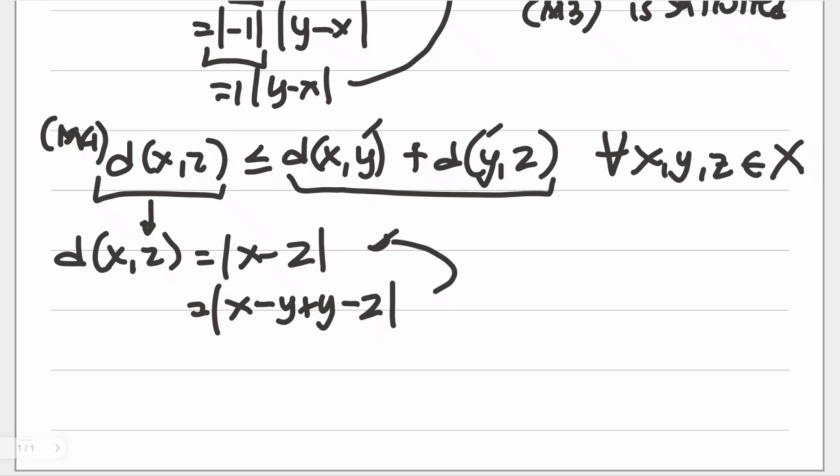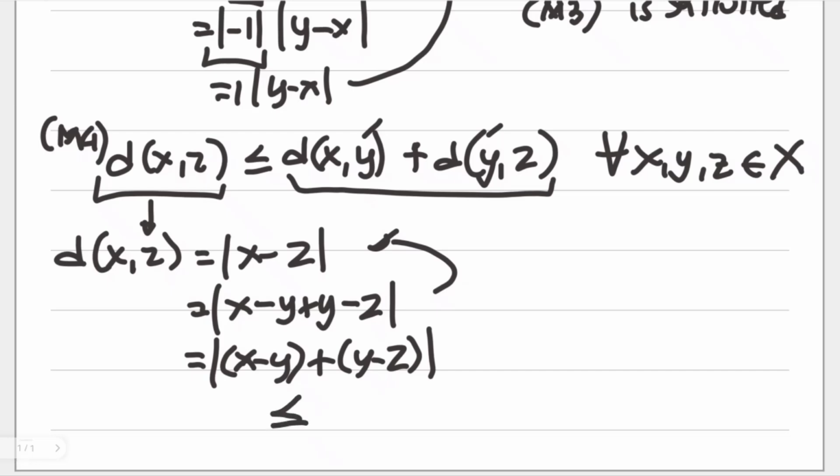With this, there is a property for absolute value which tells us that if we could establish a certain sum of two expressions inside an absolute value notation, this is overall less than or equal to the sum of each absolute value notation. In short, this is less than or equal to the absolute value of x minus y plus the absolute value of y minus z. This is one of the properties for absolute value notation.